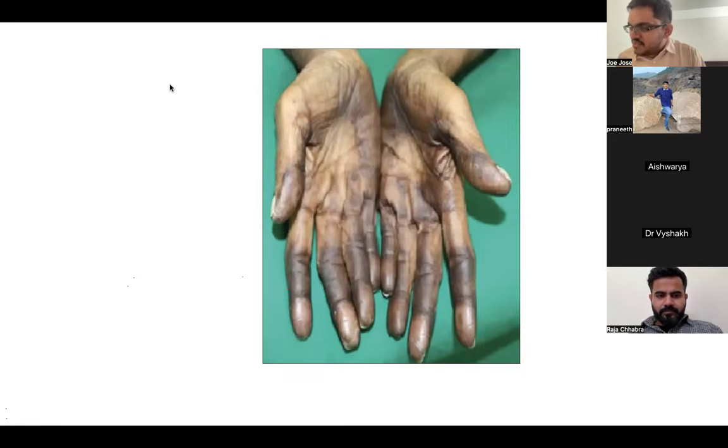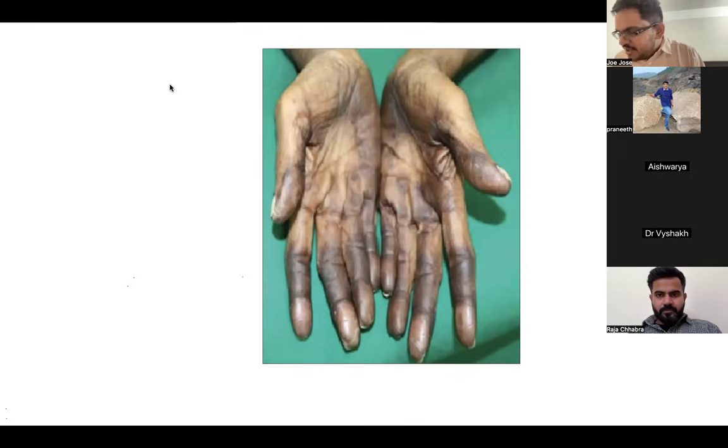Regorafenib, cabozantinib, sunitinib. Okay, so these are the ones. They inhibit both VEGFR as well as PDGFR. So those can cause hand-foot skin reaction. And like you rightly said, it occurs in places where there's friction exposure, right? So usually it's more localized to the feet, whereas hand-foot syndrome is more towards the palms, right?